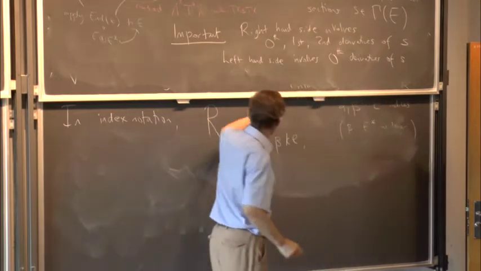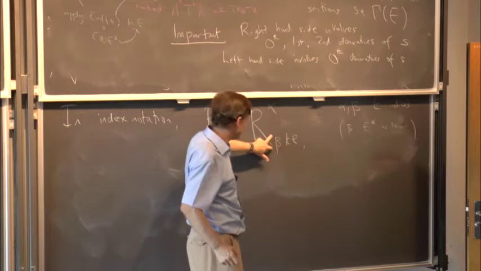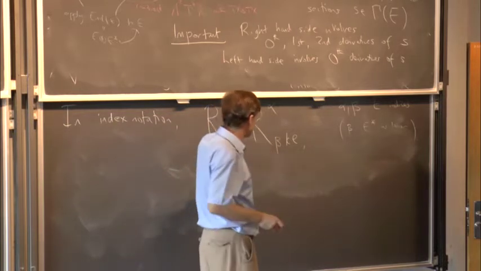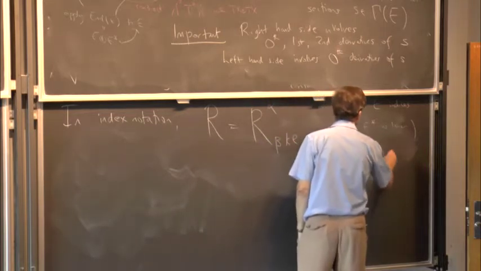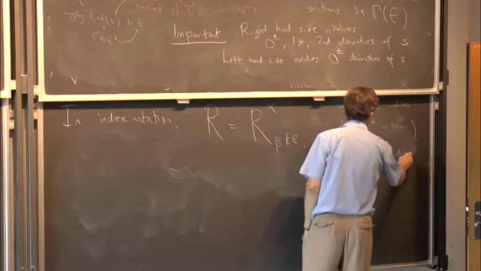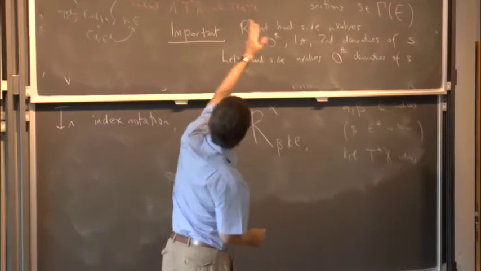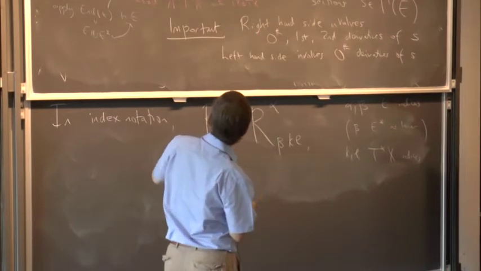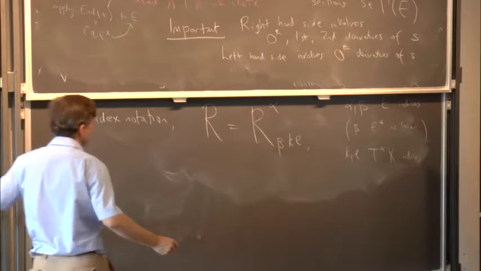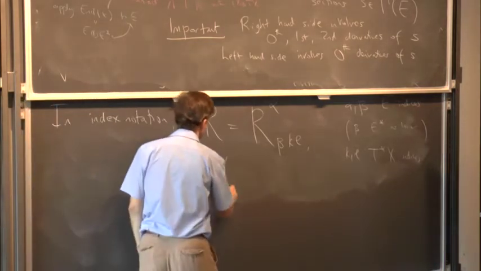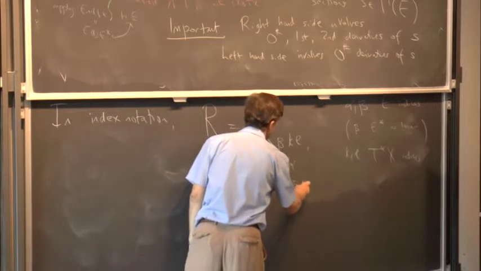So somehow the upstairs indices represent E or TX, and the downstairs indices represent E star or T star of X, and the K and the L are T star of X indices, because they're lower. And because it's a 2-form, an End(E)-valued 2-form, because of this exterior thing here, that means that R alpha beta KL is minus R alpha beta LK.